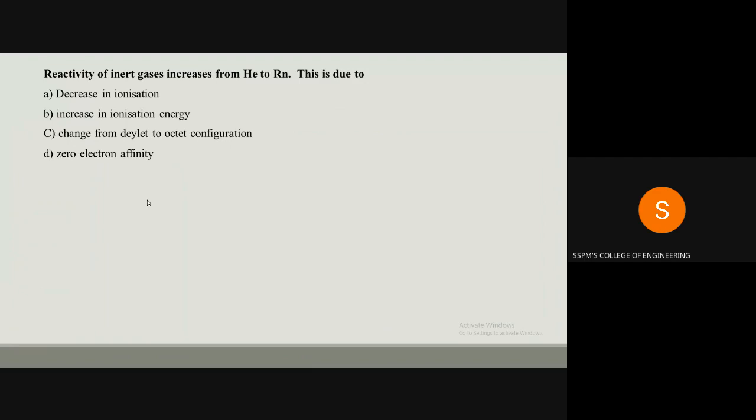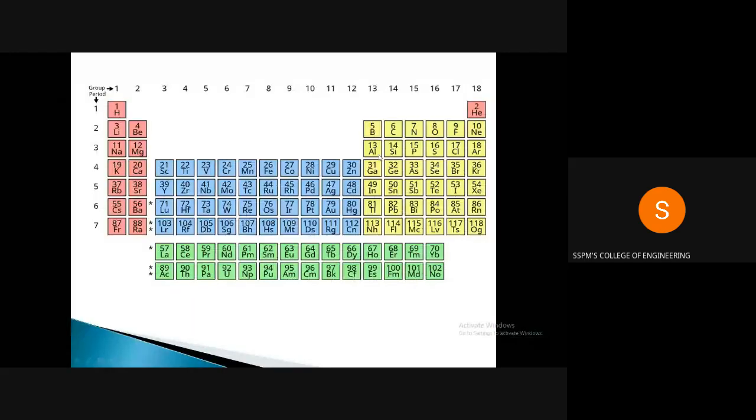So helium to radon means when we go down the group. Ionization energy will decrease down the group.